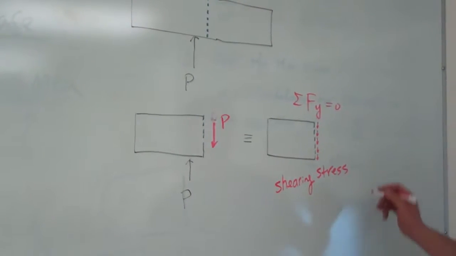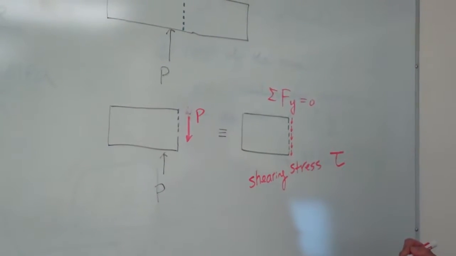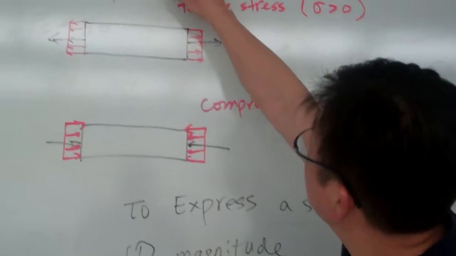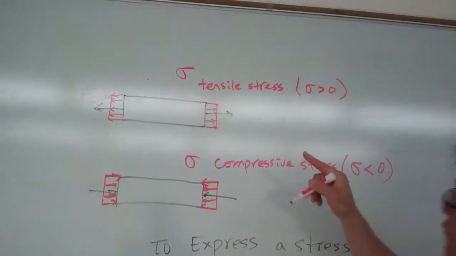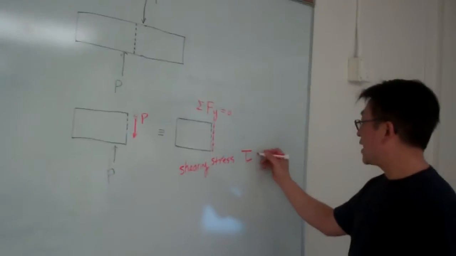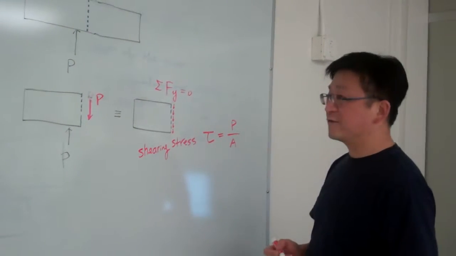For shear stress, we use tau as the common symbol in our textbook. For the normal stress, we use sigma. That is our symbol convention. So tau is equal to P divided by the cross-sectional area A.